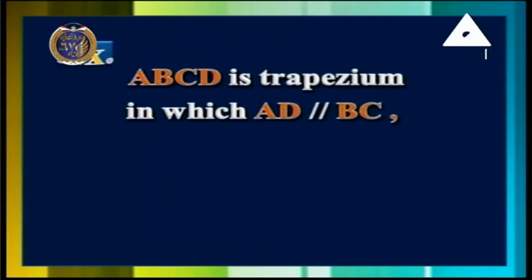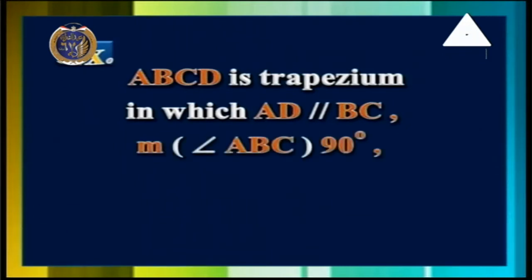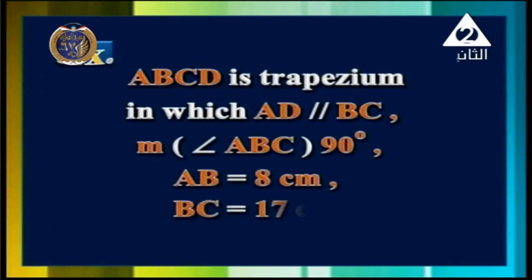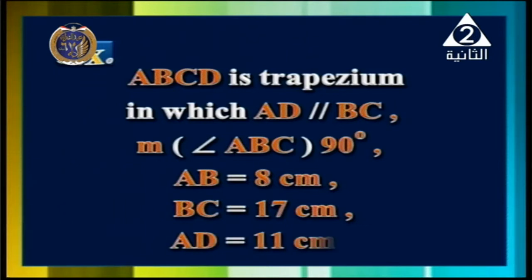ABCD is a trapezium in which AD is parallel to BC. Angle ABC is a right angle, 90 degrees. AB is 8 cm, BC is 17 cm, and AD is 11 cm.